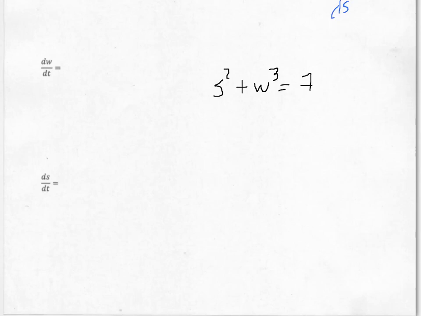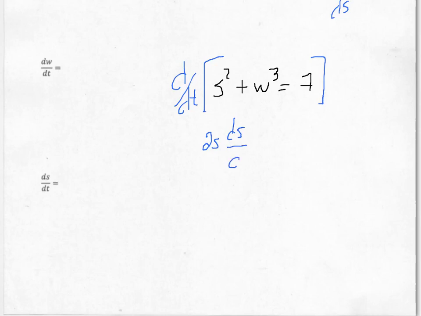In both of the last two problems I'm looking at how something changes with respect to t, so I'm going to take the derivative of this with respect to t, which is going to give me 2s ds/dt plus 3w squared dw/dt equals 0.